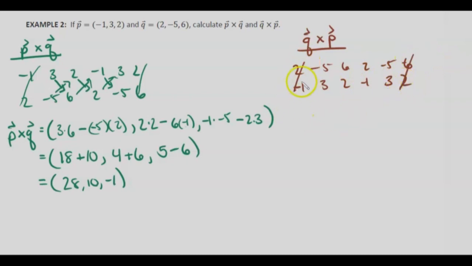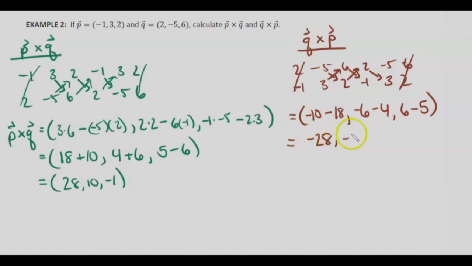We don't mind the first or the last, so let's focus in the middle. -5 times 2, and I'm going to start skipping steps, is -10, minus 3 times 6, which is 18, comma, 6 times -1 is -6, minus 2 times 2 is 4, comma, 2 times 3 is 6, minus -1 times -5 is 5. So we get -28, comma, -10, comma, 1.